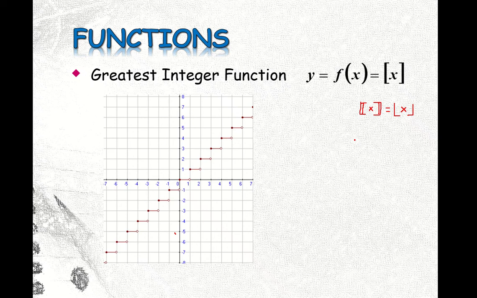Integers are the set containing the positive whole numbers. What are these positive whole numbers? Like 1, 2, 3, 4, 5, 6, 7, 8, and so on and so forth.